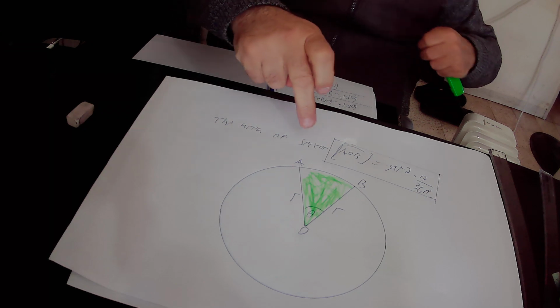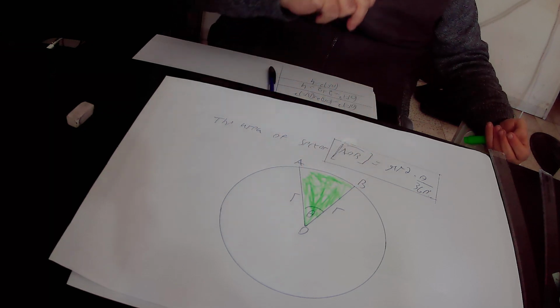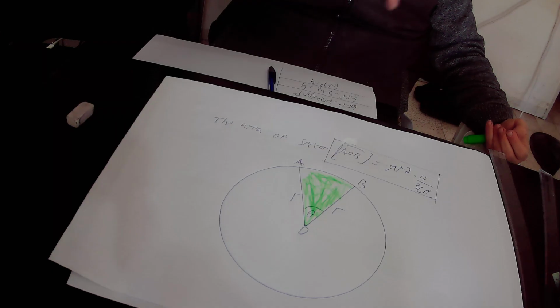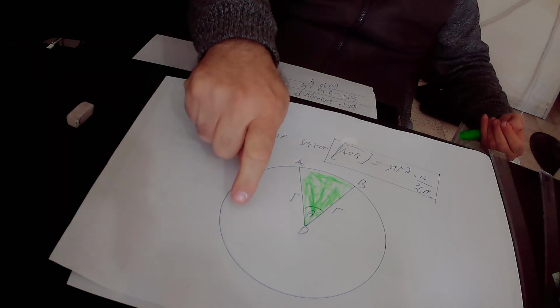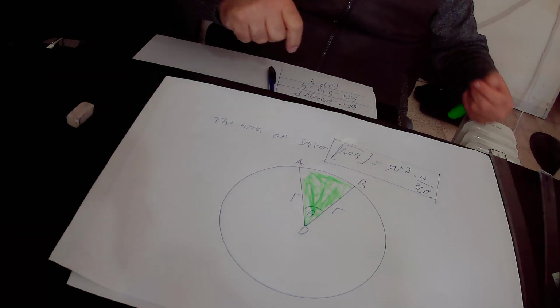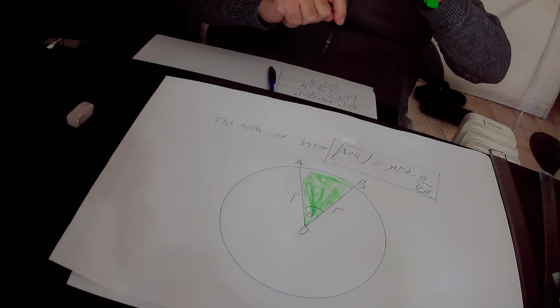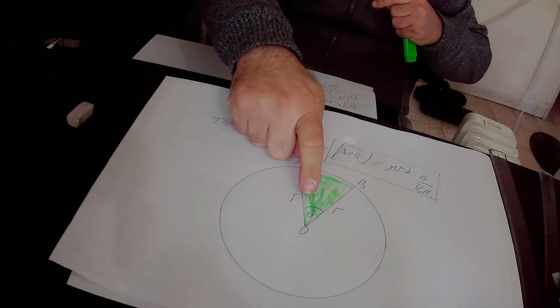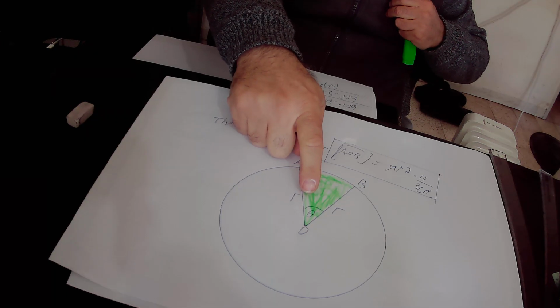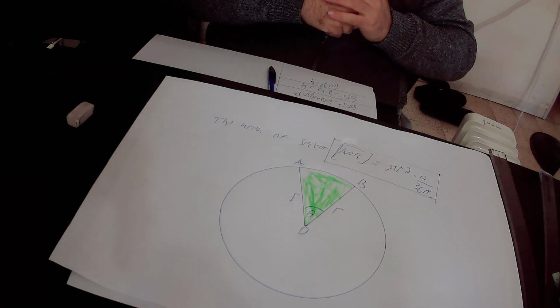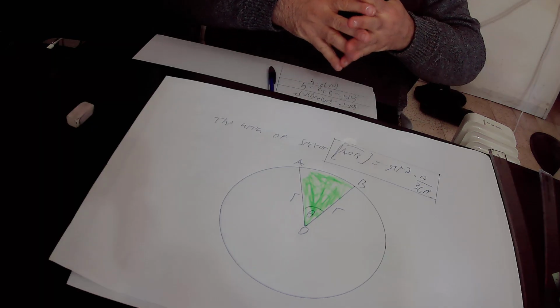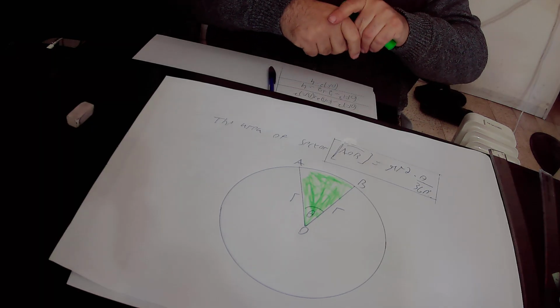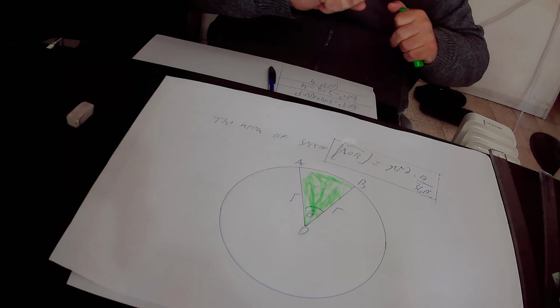So the area of this sector AOB equals pi r squared, the area of the circle, times theta over 360 degrees. Again, theta is the angle between the legs of the sector AOB. The area of this sector equals pi r squared times theta over 360 degrees.